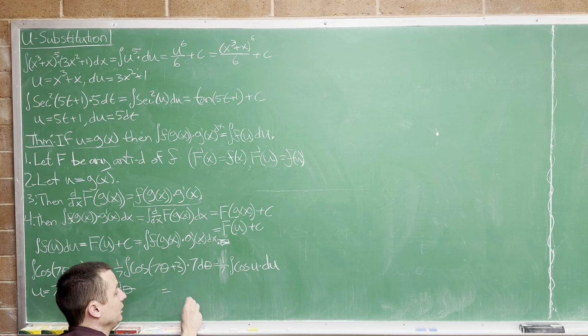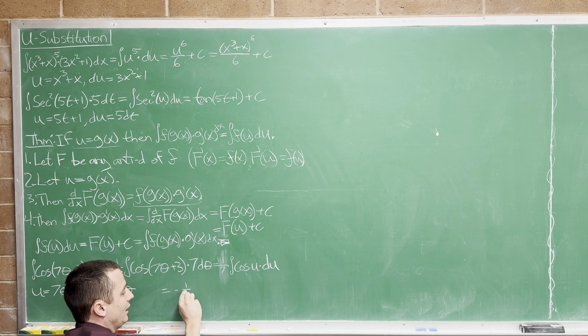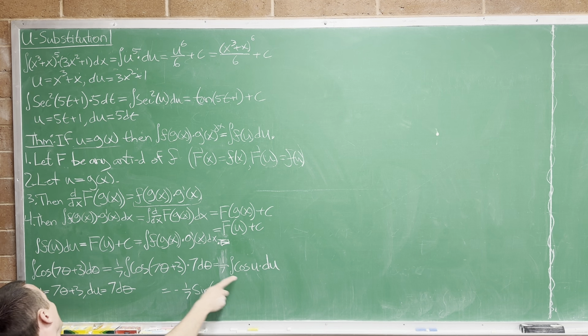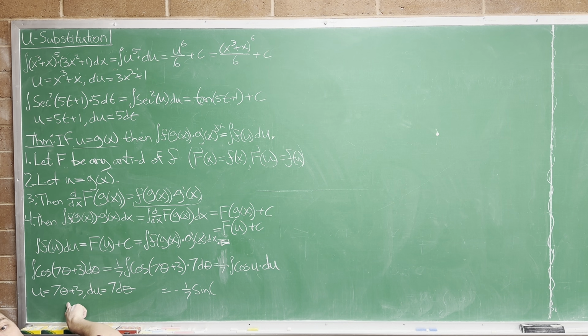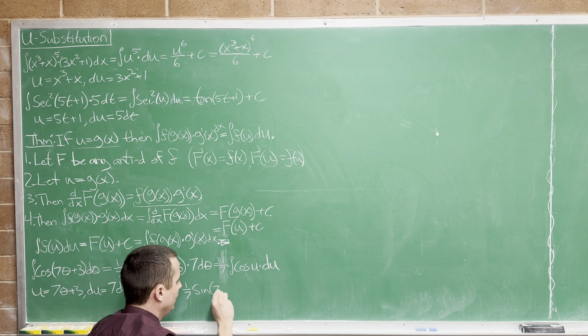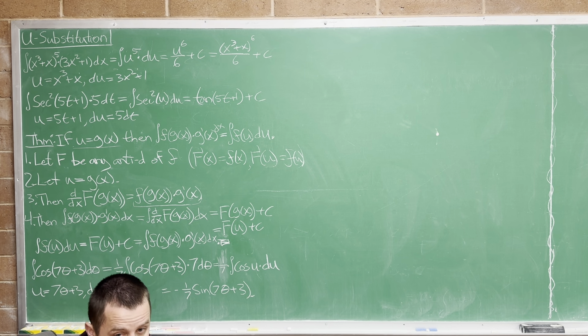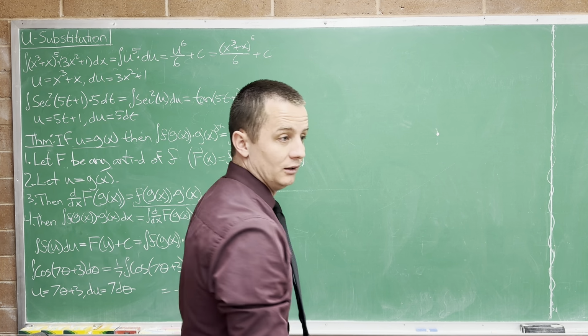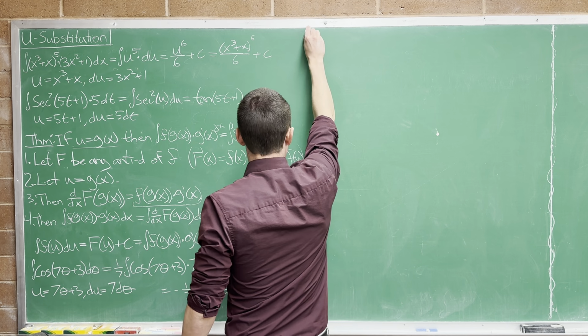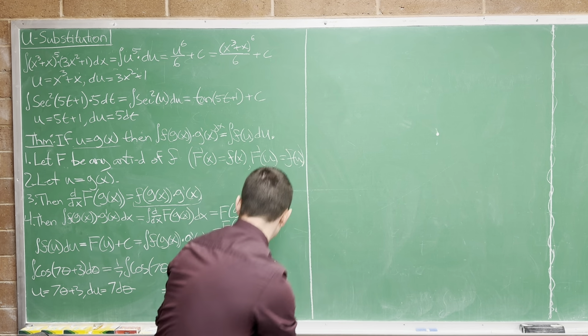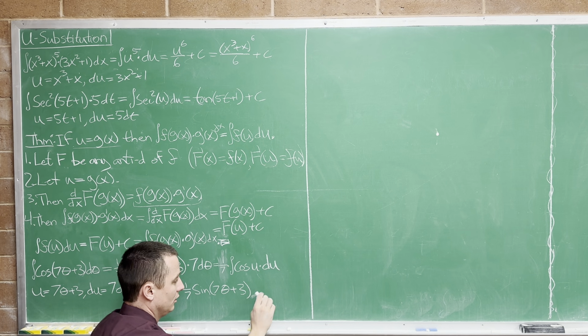Don't forget our 1/7 here, so negative 1/7 times the sine of, and remember what our u was. Go back to your initial: 7 theta plus 3. Perfect. All right, pretty easy. Oh, I forgot my plus c.